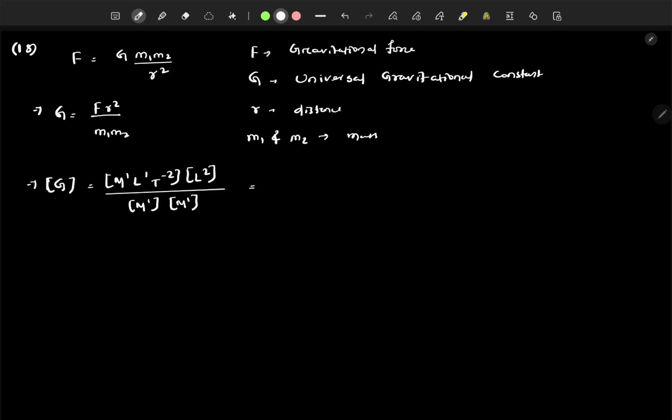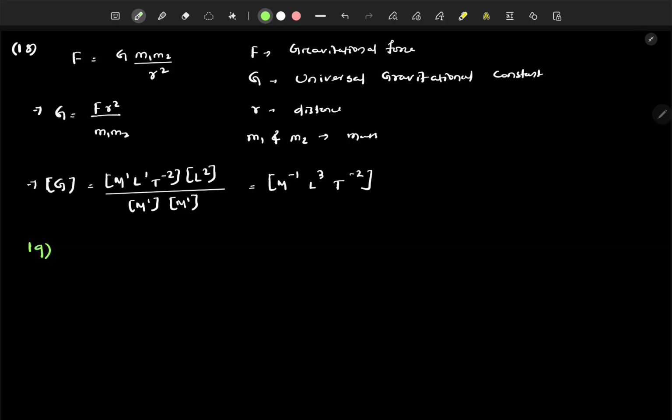So after solving you will get M power 1 minus 2, that is minus 1, L power 2 plus 1, that is 3, T power minus 2. That is the dimension of the universal gravitational constant. I hope this is clear to all of you. Then come to quantity number 19.